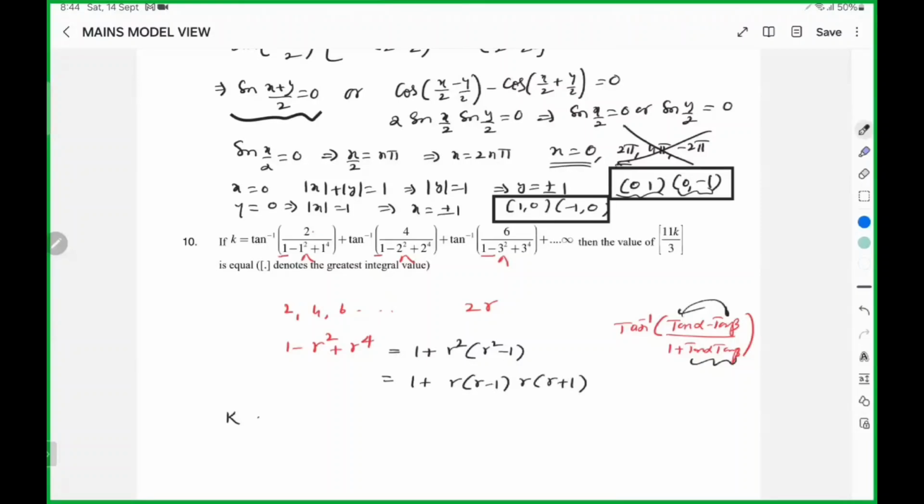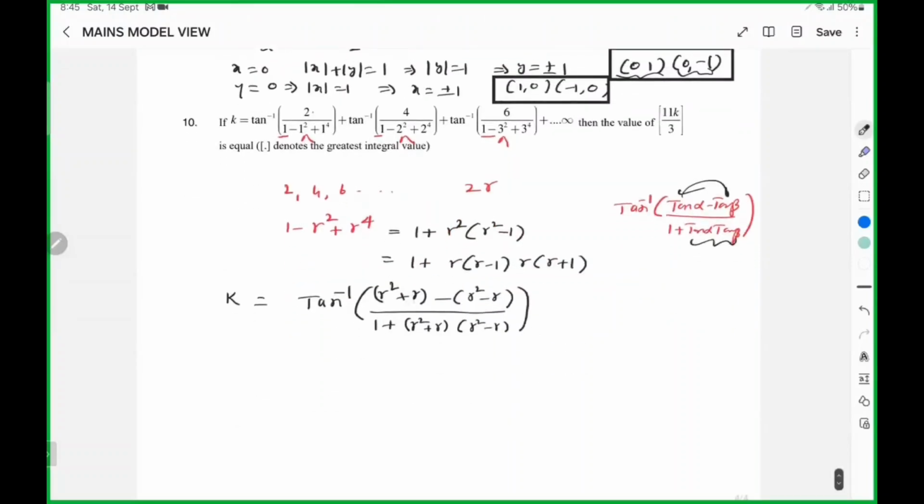So this general term I will write tan inverse of (r square plus r minus r square minus r) by (1 plus r square plus r into r square minus r).